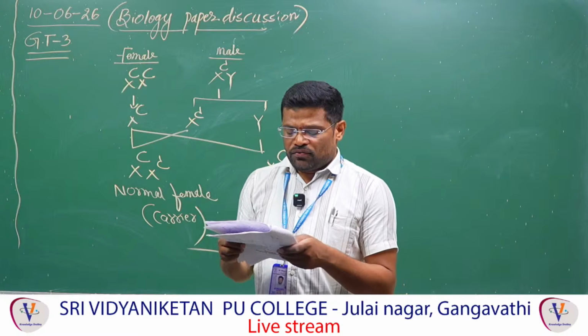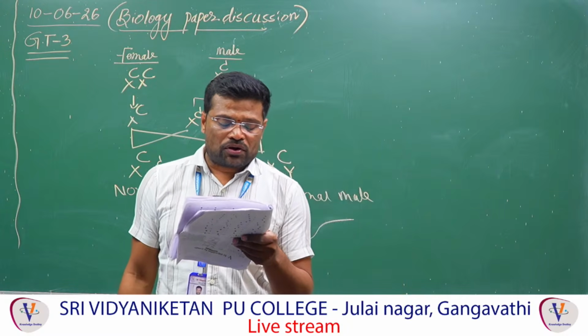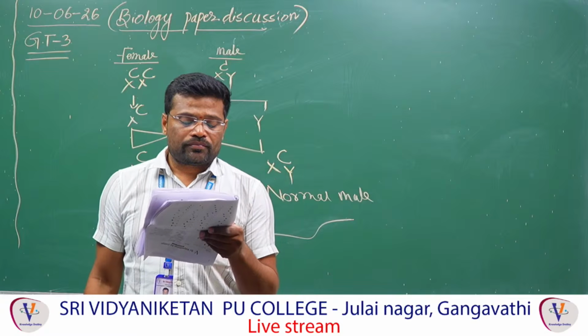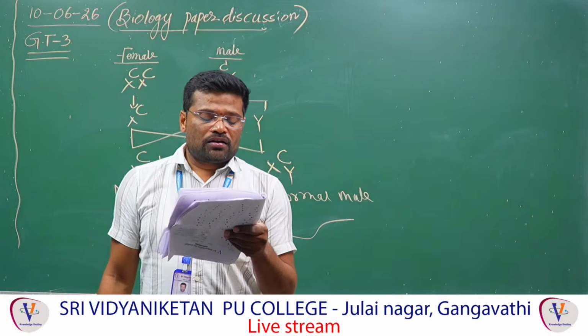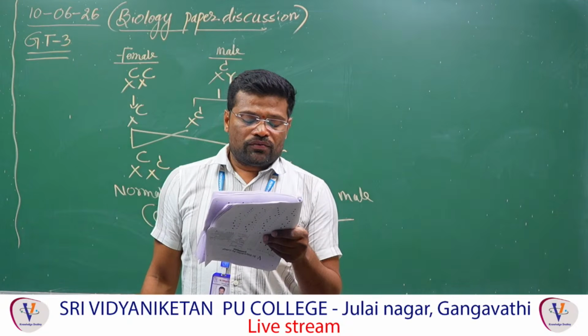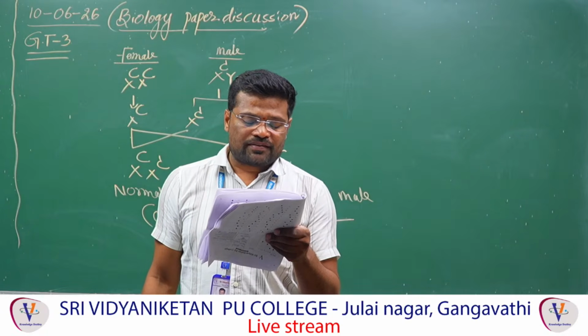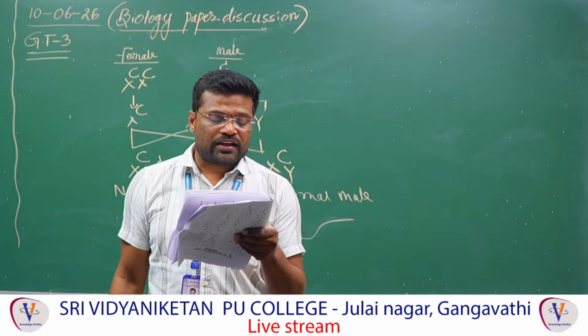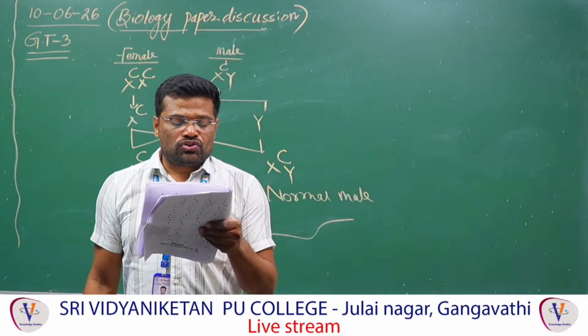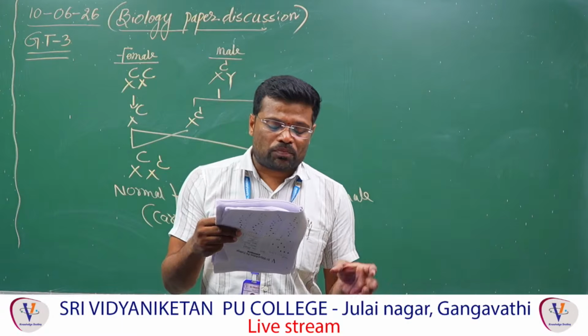Next. 151. Choose correct statements regarding oral contraceptive pills. Sorry, the question framing is wrong. Here they are asking for the correct statement, but the answer key has given C. I will change that key. So here, choose correct statements from the following. Regarding oral contraceptive pills.